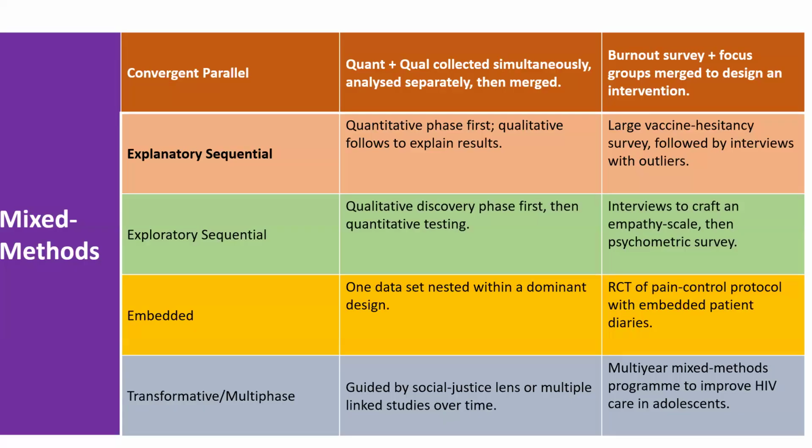This mixed method is also prevailing nowadays among the nursing community. Here are some examples for the convergent parallel method of mixed method: a burnout survey and focus group merged together.